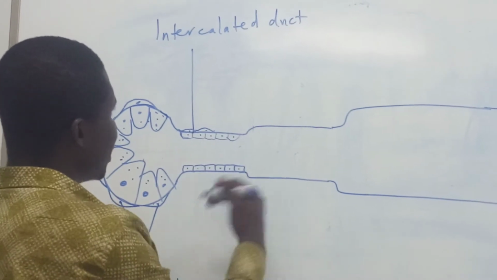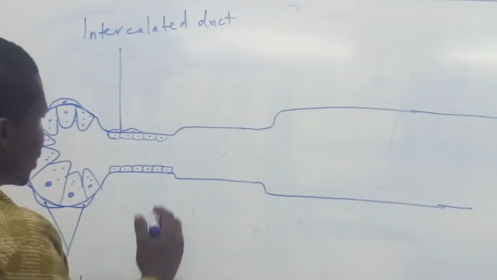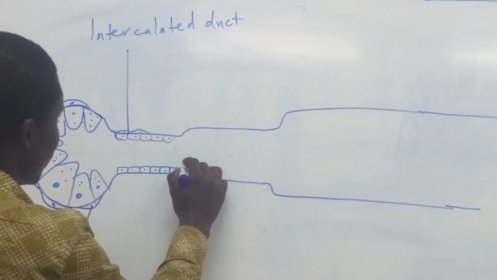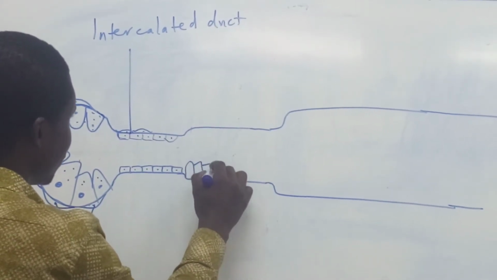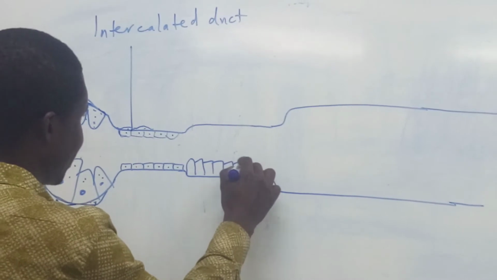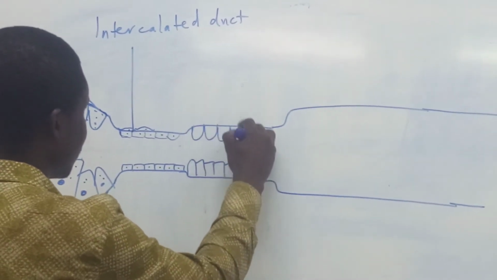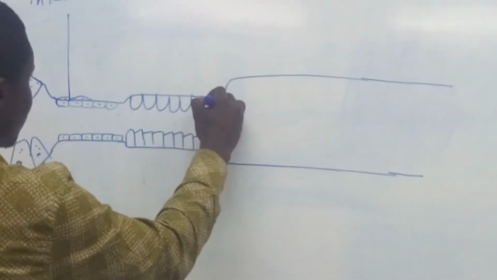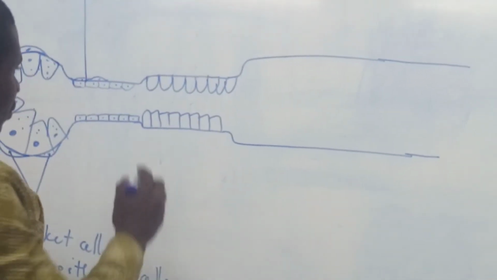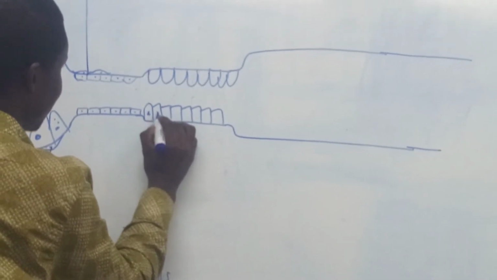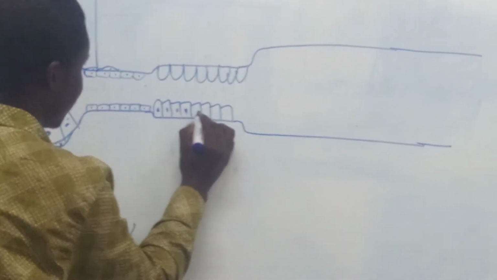Now, the next duct that we find could be columnar or could also be cuboidal, but generally columnar, with nuclei being a bit basally placed.